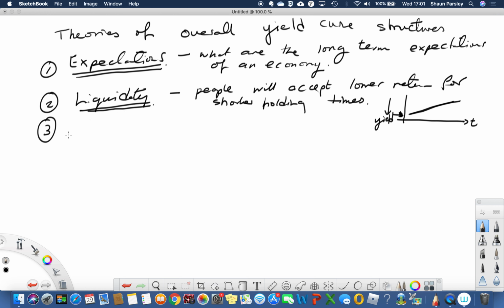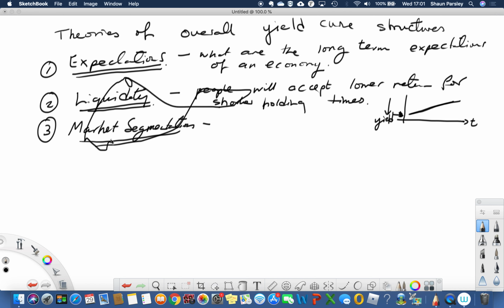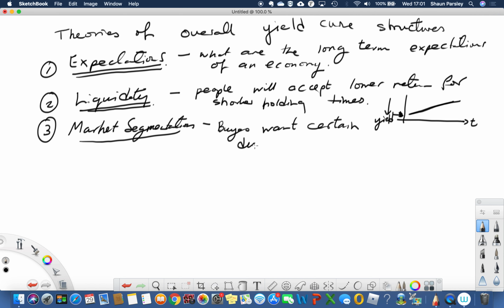Then the other thing is called market segmentation, in the notes I've called it. I think that's what it's called out in the real world. And that is when buyers want certain durations.